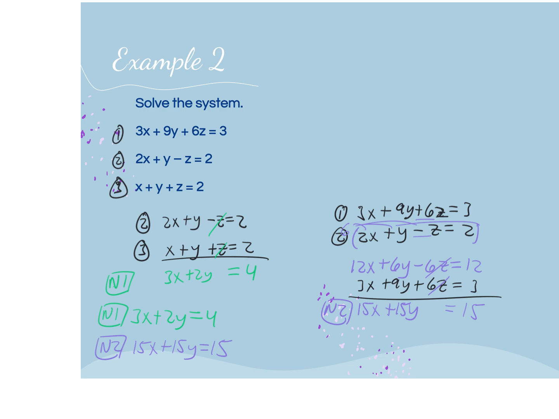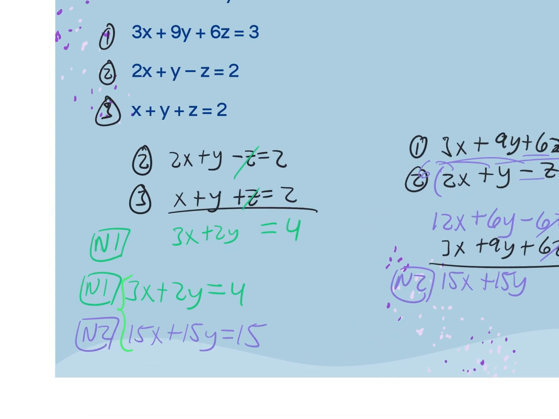And then here we want to try to eliminate one of our variables. This is a little mini system that we have within our larger system. It looks like the easiest one to eliminate is going to be the x's, because 3 and 15, 3 is a multiple of 15. Or I'm sorry, 15 is a multiple of 3.